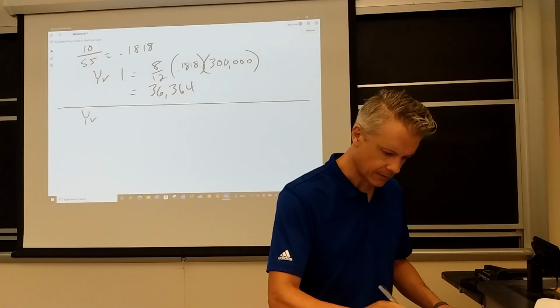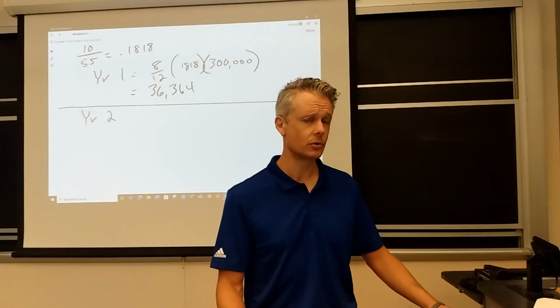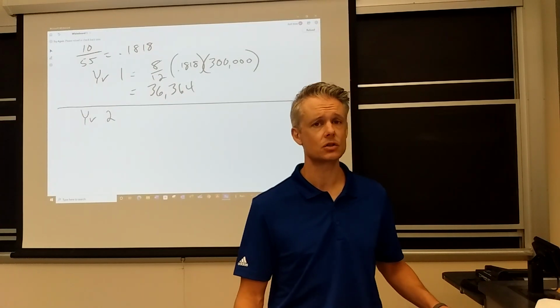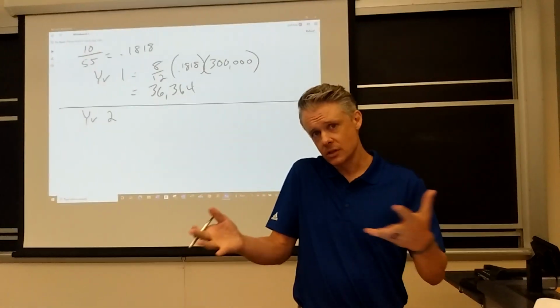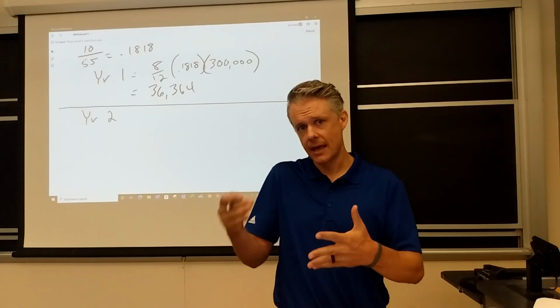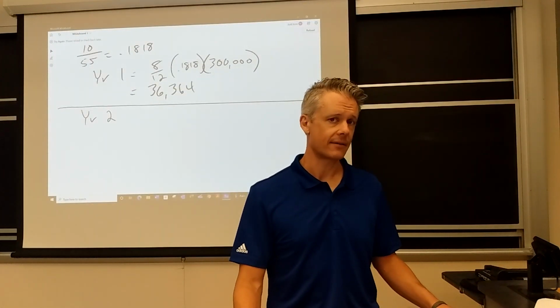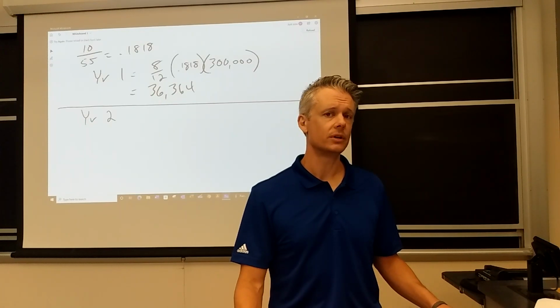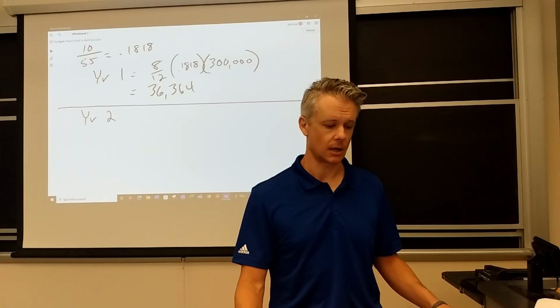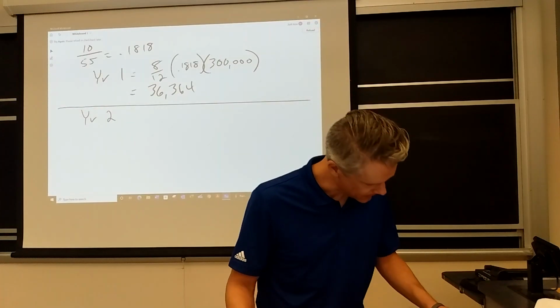Now let's think about this for year two. It gets tricky in this situation because not only are we dealing with this fraction that changes as time expires, but we also have to consider that we've only depreciated 8 months up until this point, okay?